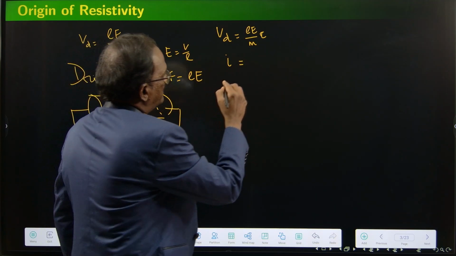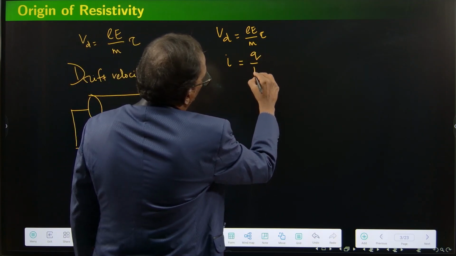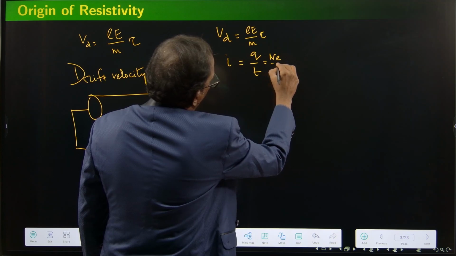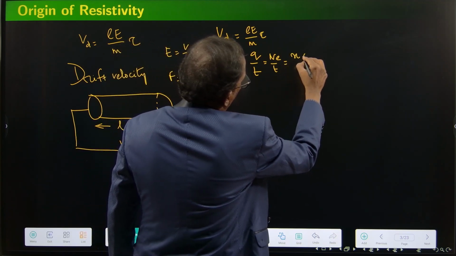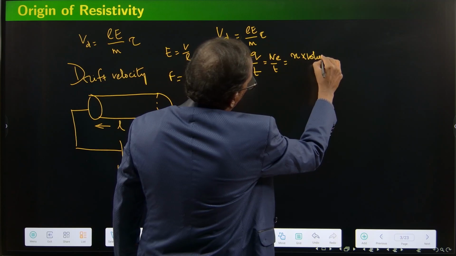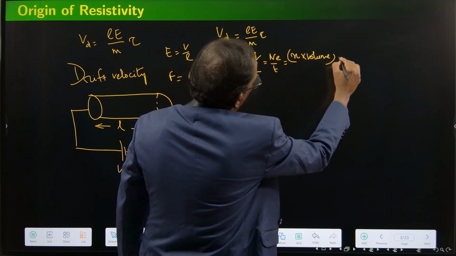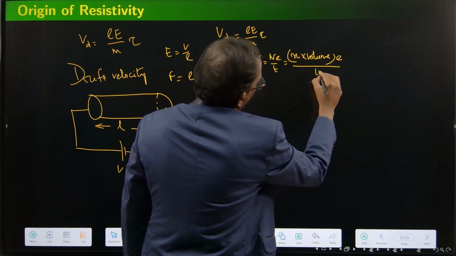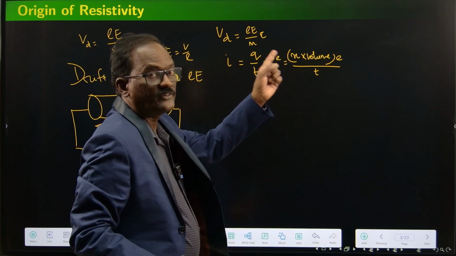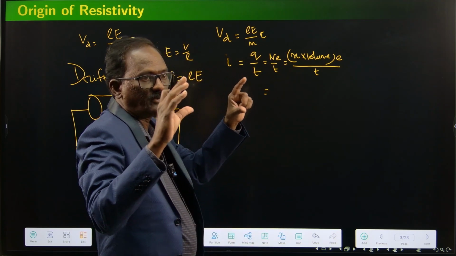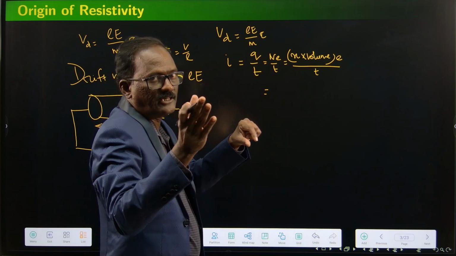Equation for I. I is equal to Q by t, Q is n e, by t, quantization of charge. This n is equal to n into volume, and e by t, right? This n is the free electron density, the total number of electrons per volume, per meter cube.